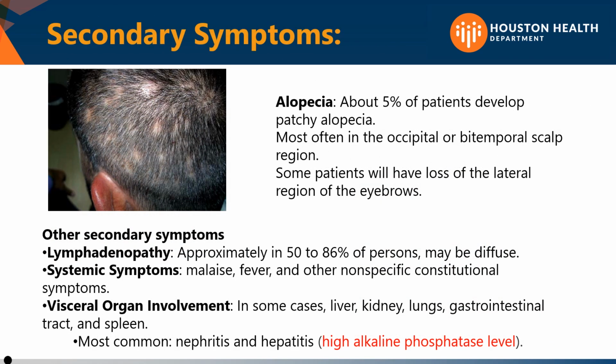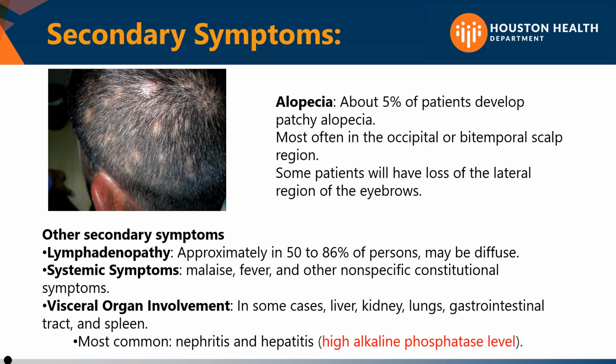Other symptoms that are also classified as secondary, we have the alopecia. The alopecia happens in about 5% of the patients that have syphilis. Something important to remark is that it could also go unseen in the female population, and it follows a pattern.